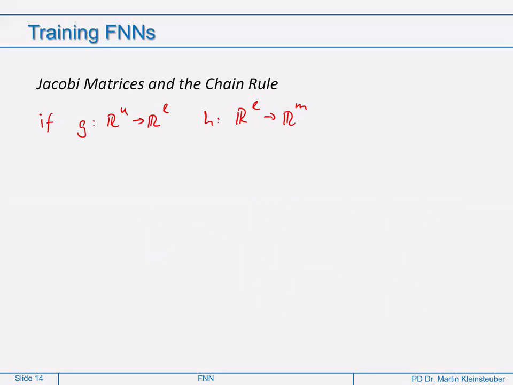So we start with Rk, then g maps us to Rl, and then h maps us to some Rm.